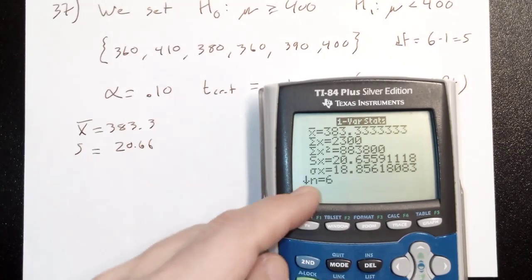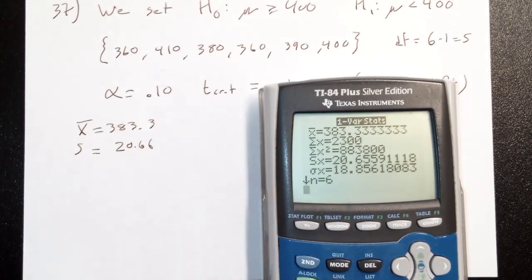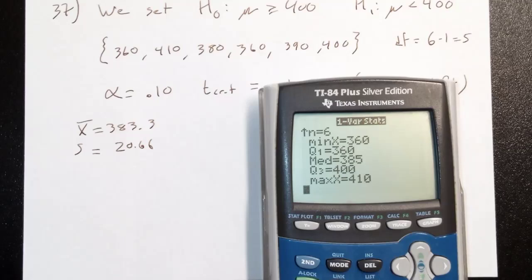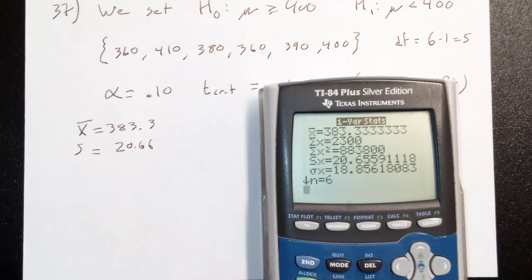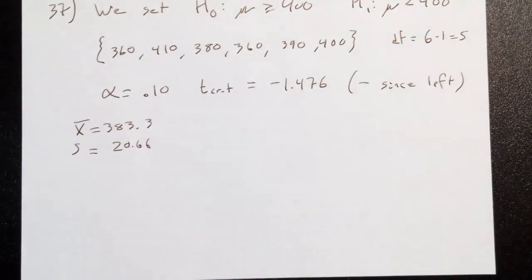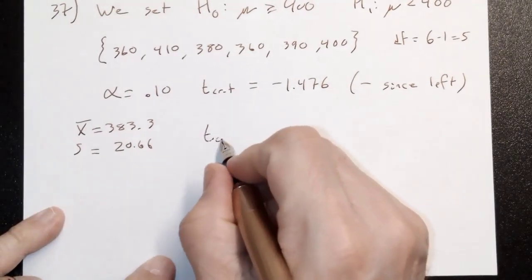There's a bunch of other information down here. That's what that arrow indicates. And if you hit the down arrow, you'll see it did our quartiles as well. But I don't need quartiles at the moment, but that information is there. So now I can compute t-calc. I can do my calculated t-value.